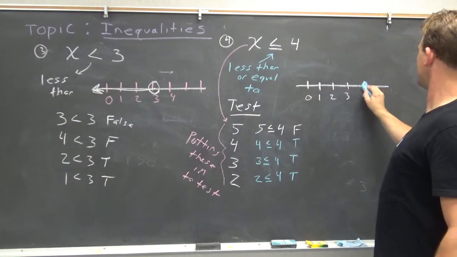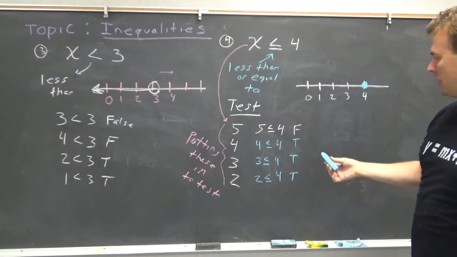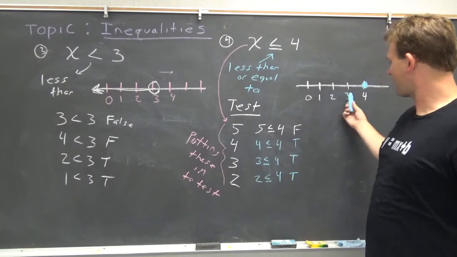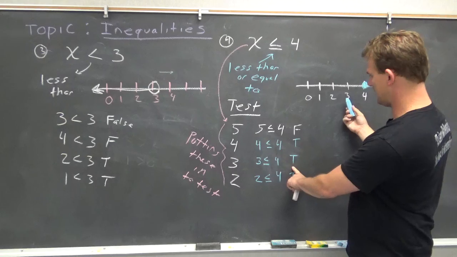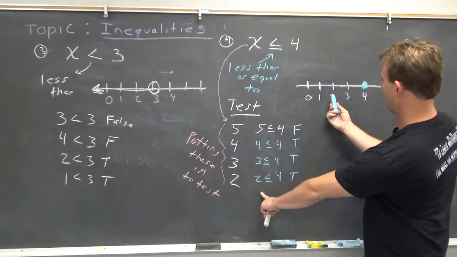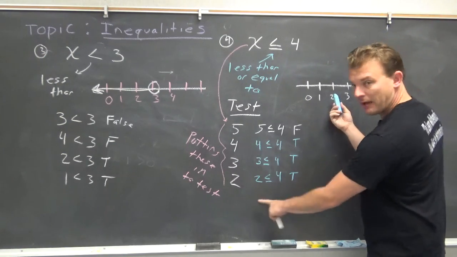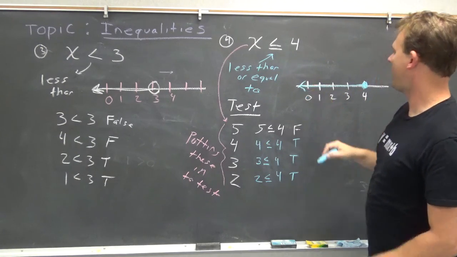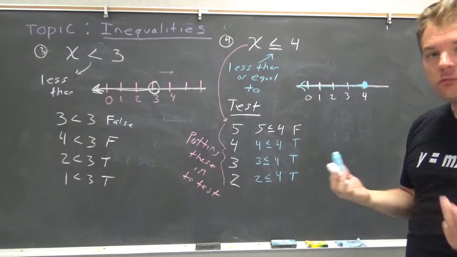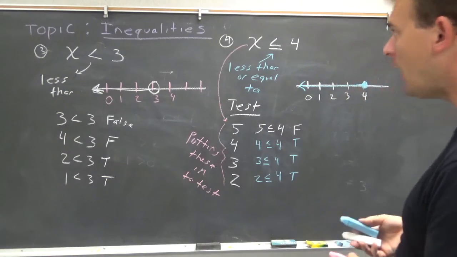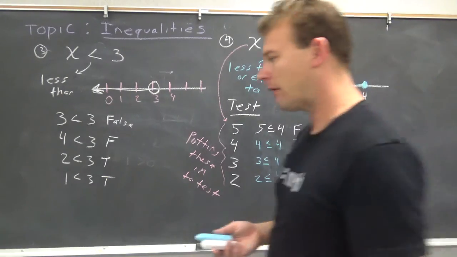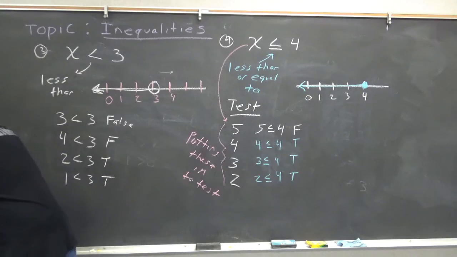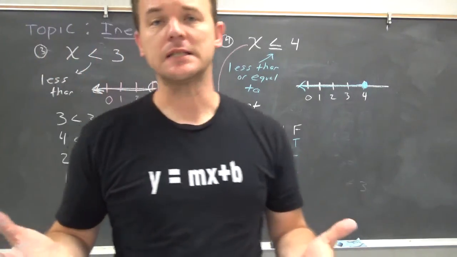So you're going to solid it in. And you're going to say that, okay, well, if I go to 3, well, that's a true statement. If I go to 2, that's a true statement. Well, there's a pattern there. So you're going to go in that fashion.